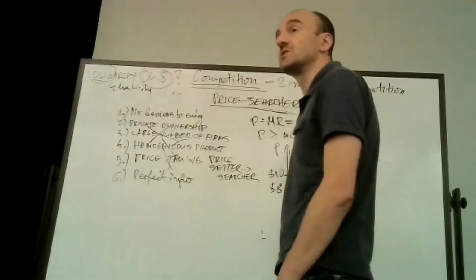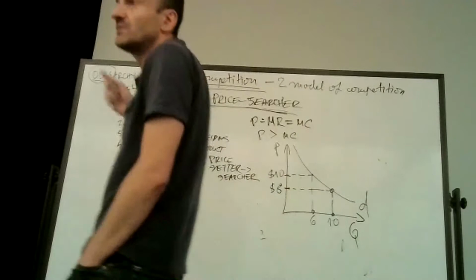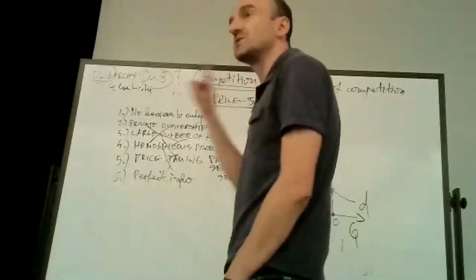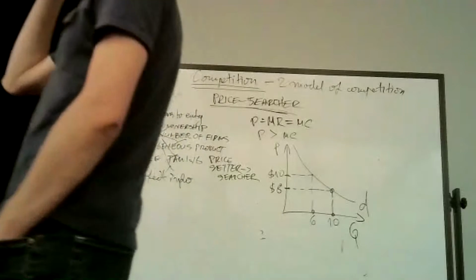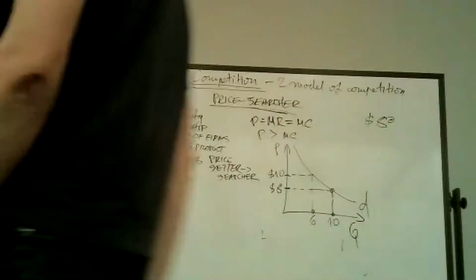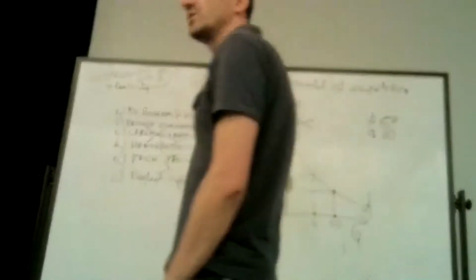You don't know this, of course. This is your expectation. You don't know the exact position of the demand curve because you don't know exactly what the preferences of consumers are, but you think this is the way it works. So what is your total revenue with the price of $8? $80. What happens if you increase the price to $10? It drops to 60. So $20 worth of revenue is lost. So you're probably not going to increase the price.